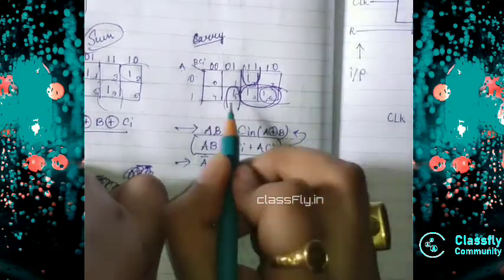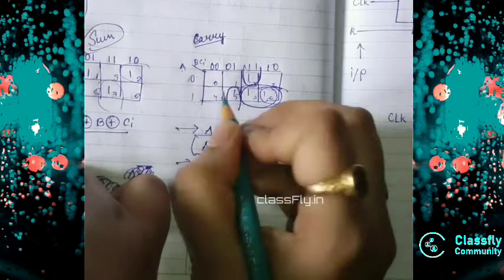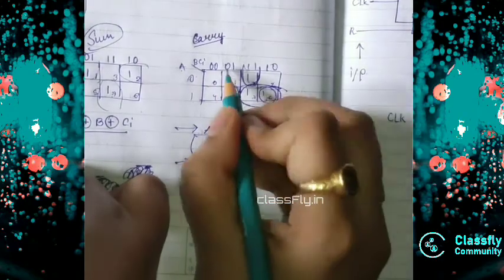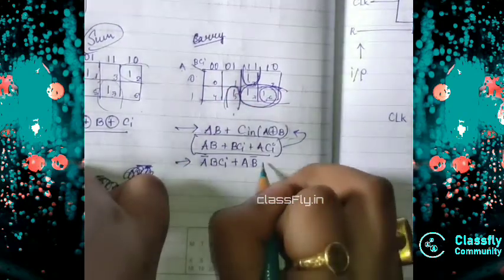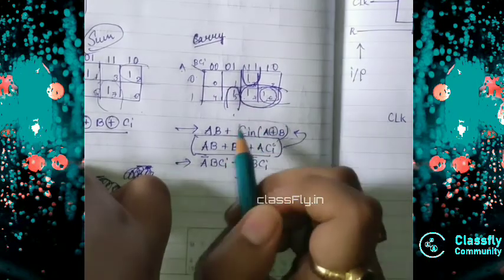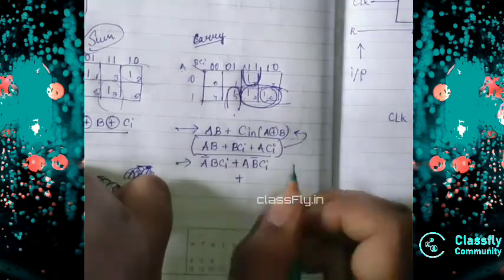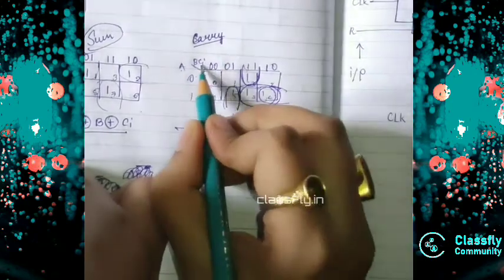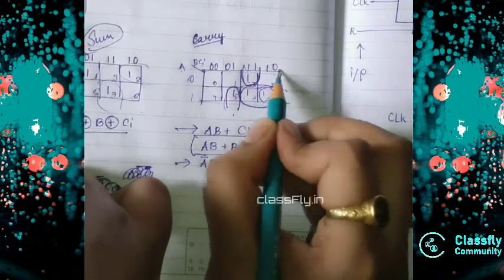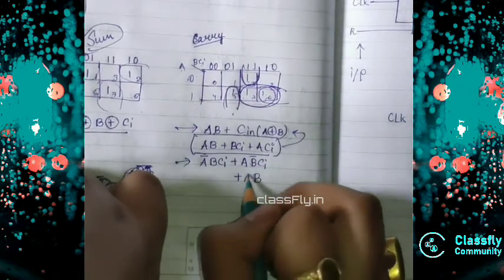Now I will do for this one, as A is not changing, so A B bar, because 0 is complemented, and Ci. And now this one I will do, which will be 1 and 1, that is B is not changing, so I will write B, and for Ci I will not write, as the bits are changing, right? And here 1 is not changing, so write AB.